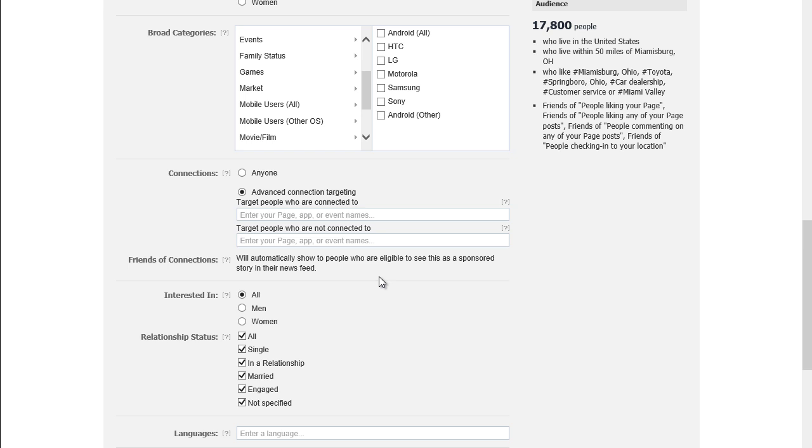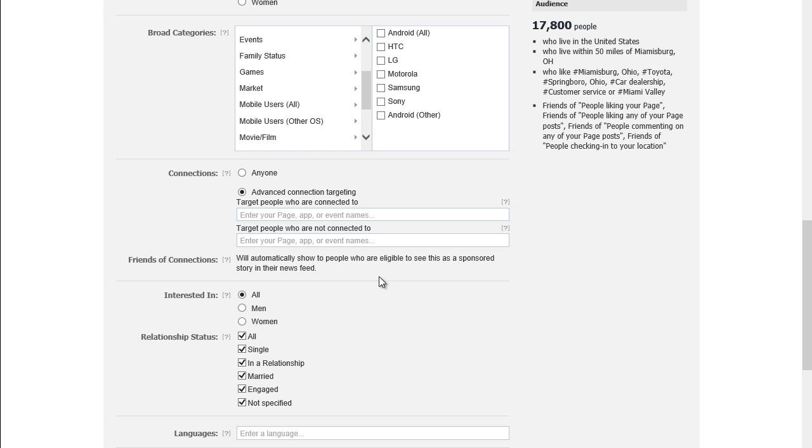So knowing and understanding your audience before you get started will help you to target your ad. The more targeted your ad is to your landing page and to your audience, the lower your cost per click is going to be, and the higher your click-through rate is going to be.